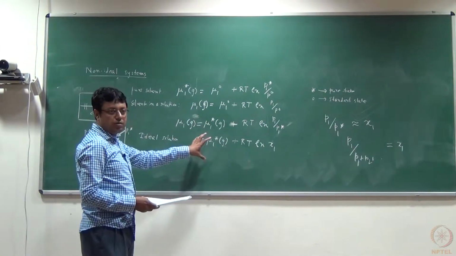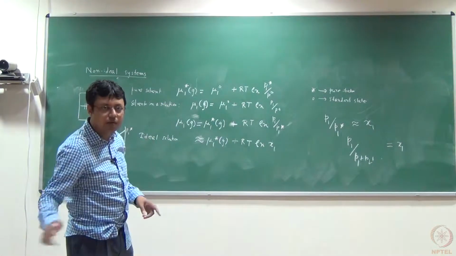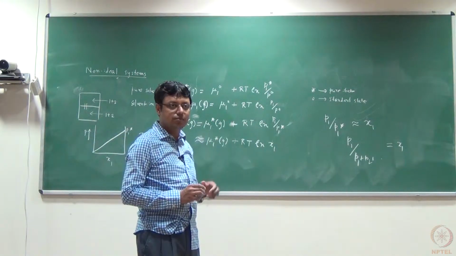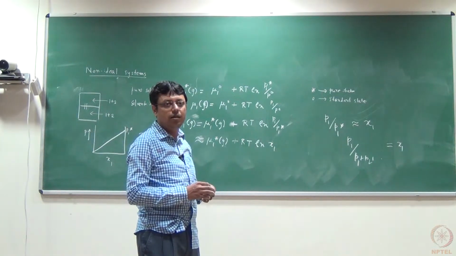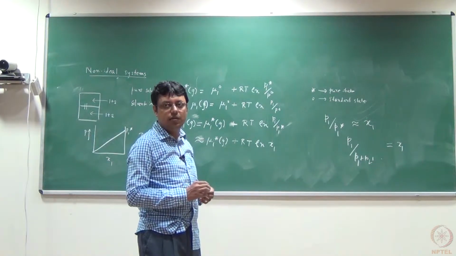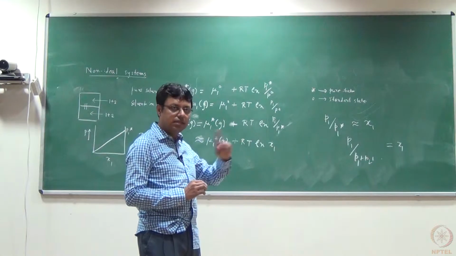Just like we introduced the fugacity. Now what was the fugacity thing? If you remember, I had mu0 plus RT ln pi by p0. Then I said that I do not know the real behavior, so instead of pi, I will introduce a function which is f, fi by p0, and then I connected it.